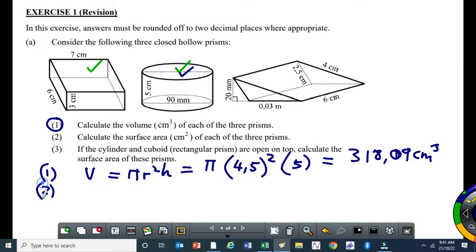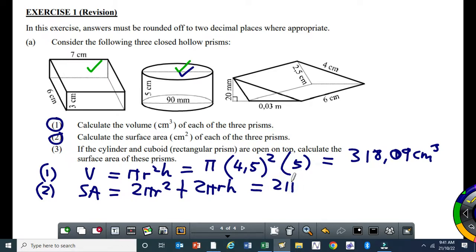Then number 2, we're calculating the surface area. So the surface area of a cylinder is equal to 2 pi r squared plus 2 pi r h. So that would be 2 times pi, you can put that in your calculator, then the radius is 4,5 squared, plus another 2 pi times 4,5 times the height, which is 5.